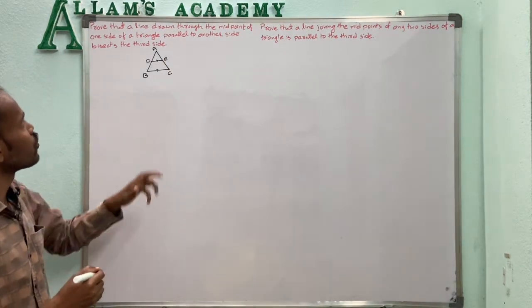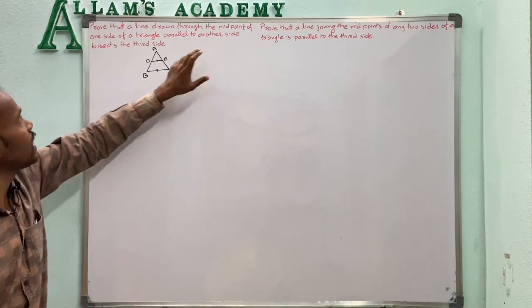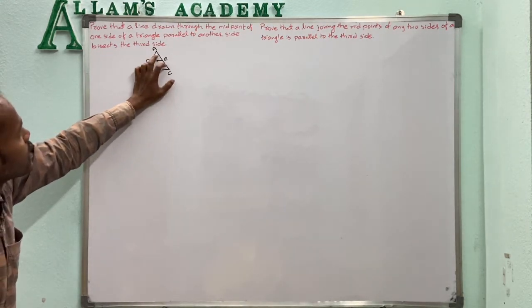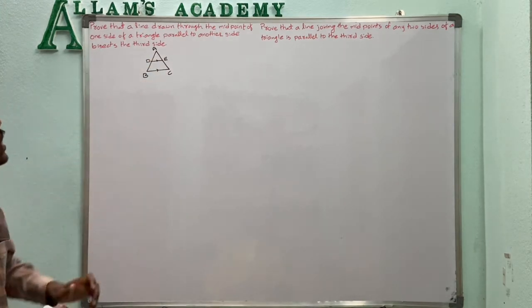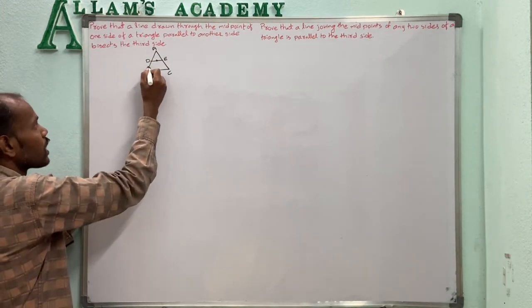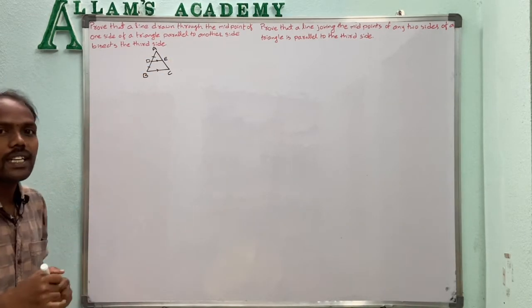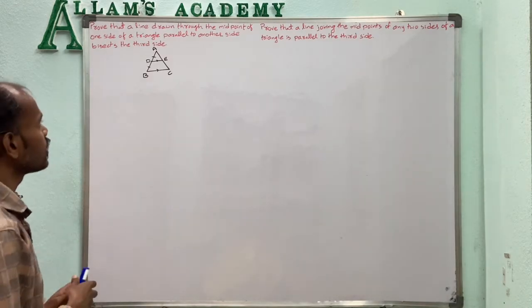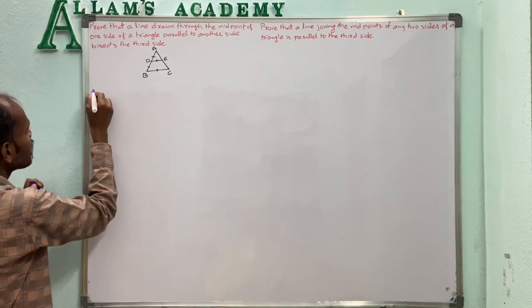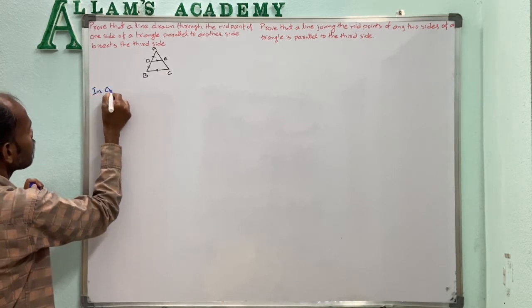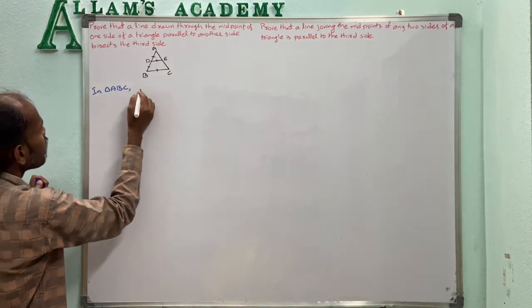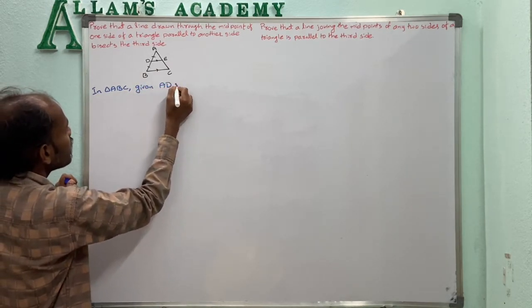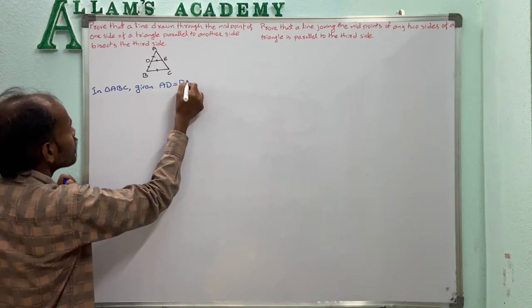Now we have to show this, that the line bisects the third side. That means this point bisects here, it will be also equal. So here the midpoint is given, that means AD length and BD length both will be equal. So now for proving that, in triangle ABC, given AD equal to DB.